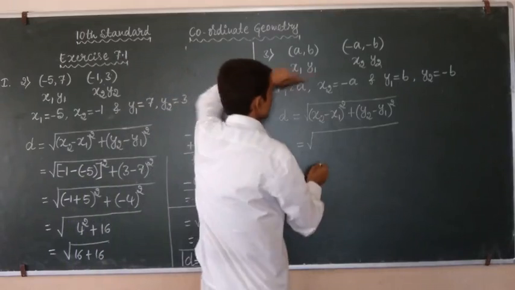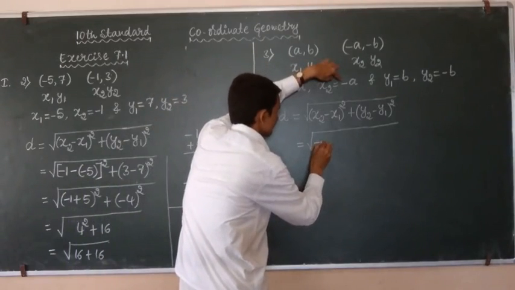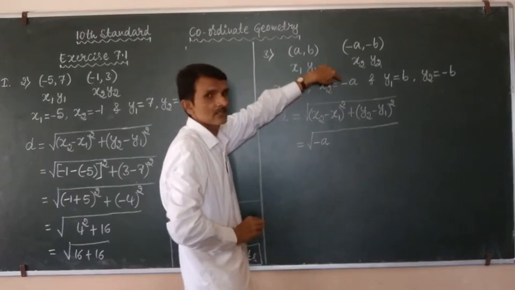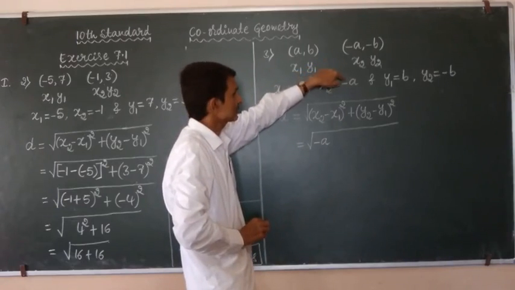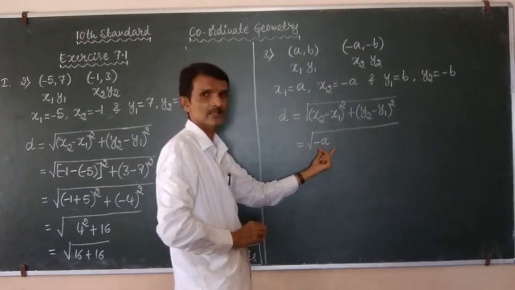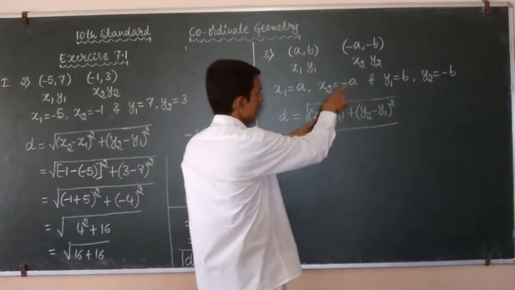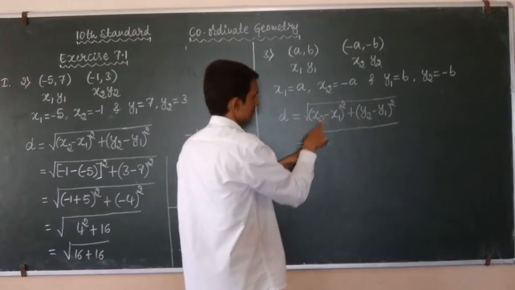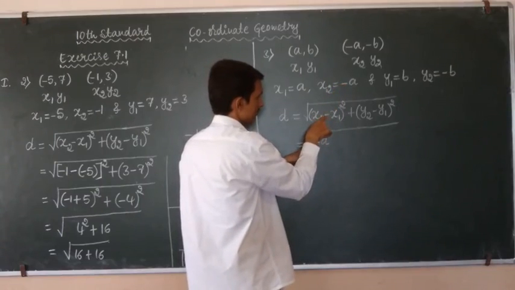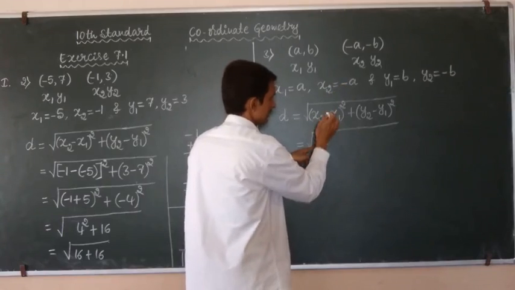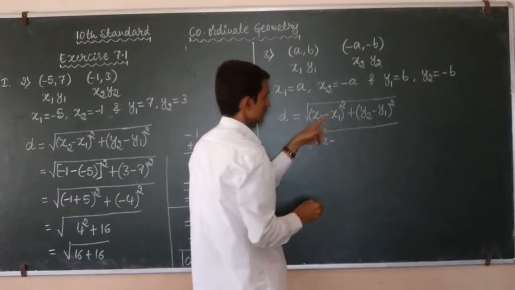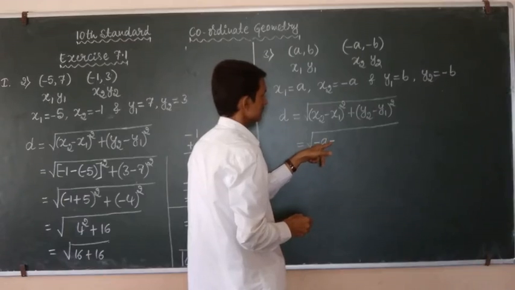So value of x2 is minus a. Observe here. So substitute ಮಾಡುವಂತ ವಿಧಾನವನ್ನು ಸರಿಯಾಗಿ ಅಬ್ಸರ್ವ್ ಮಾಡಿ. x2 ಅಂದ್ರೆ minus a ಬರ್ಕೊಂಡಿದೆ. ಸೊ ನೆಕ್ಸ್ಟ್ ಏನಿದೆ, ಫಾರ್ಮುಲಾದಲ್ಲಿ ಮೈನಸ್ ಇದೆ. So we have the minus sign in the formula. Therefore, minus is written here.